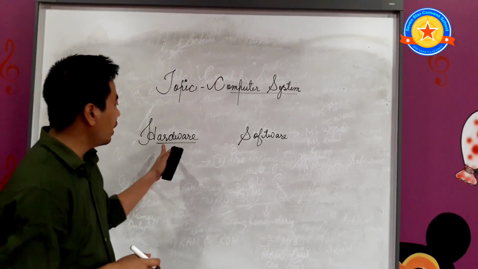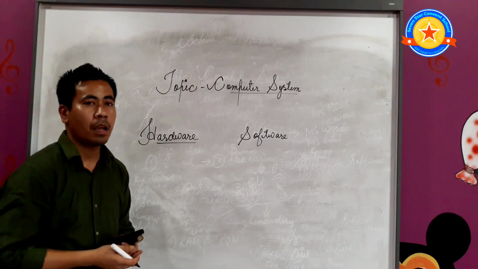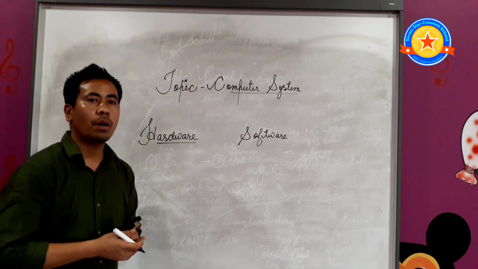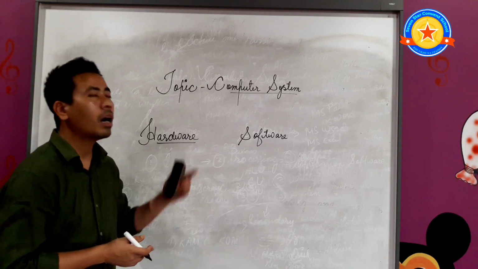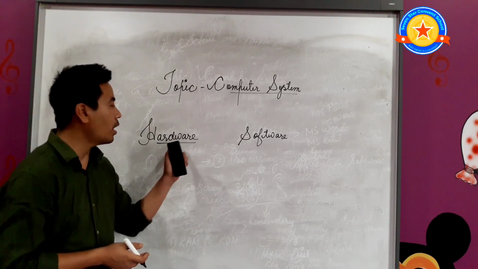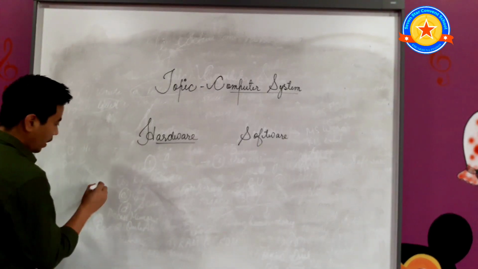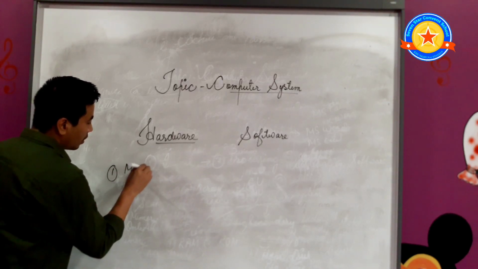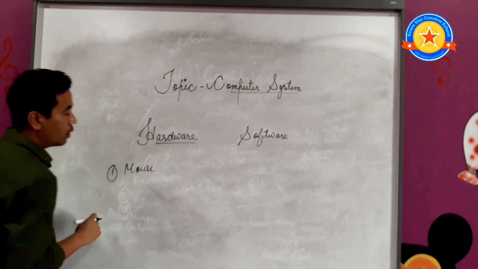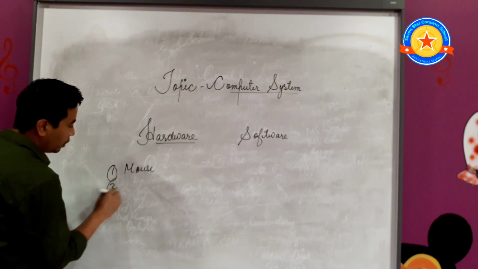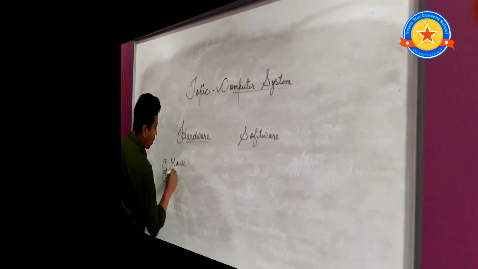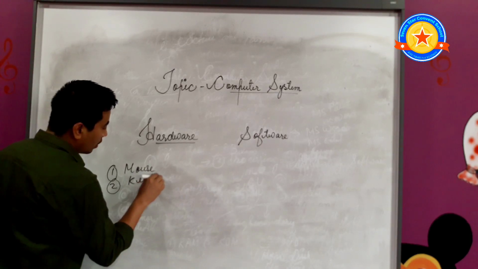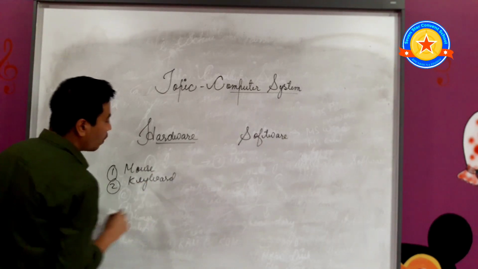Let me define hardware first. All the physical parts of the computer are called hardware. Some examples of hardware are: number one, mouse. This is a part of the computer. Number two, keyboard. These are also parts of a computer.